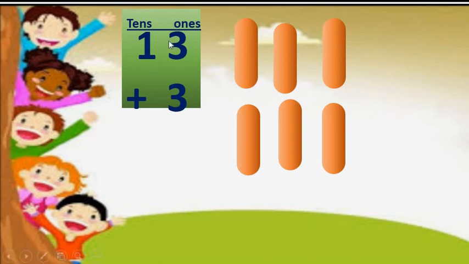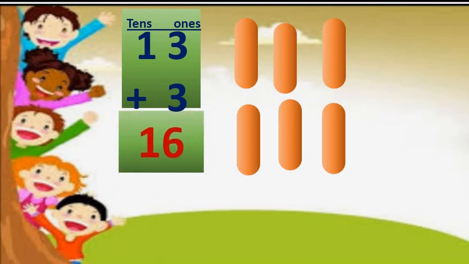Okay. So 3 plus 3 is equal to 6. And as 1 stands alone, there is no number at 10's place. There will go only 1. The number becomes 1, 6, 16. 13 plus 3 is equal to 16.